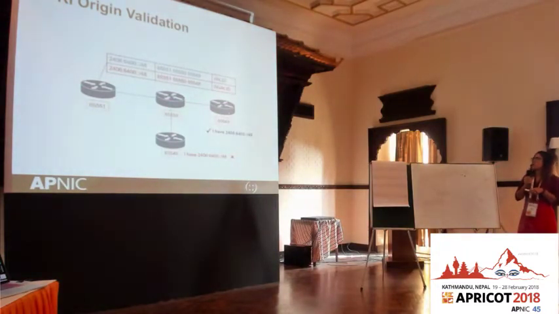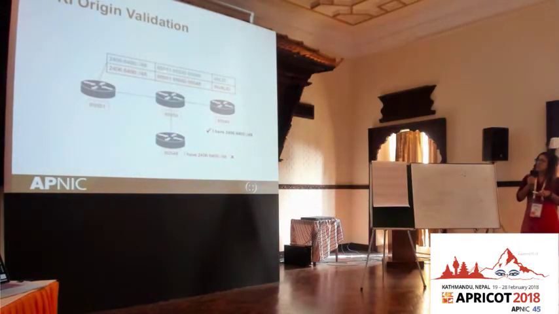So this router receives from its neighbor a message that was propagated by 2 different routers. One says that this /48 is originated by this autonomous system number, and the same prefix is also being originated by this other autonomous system.